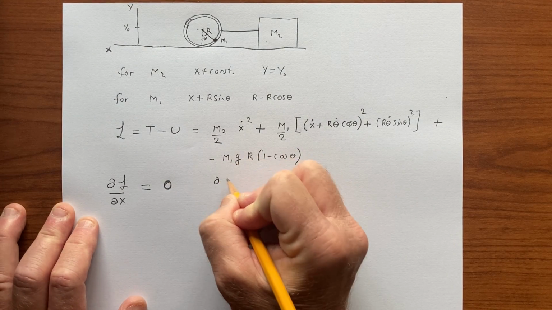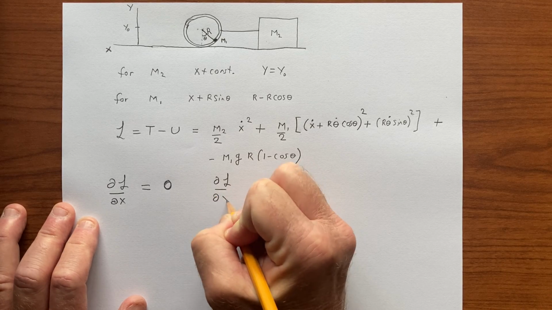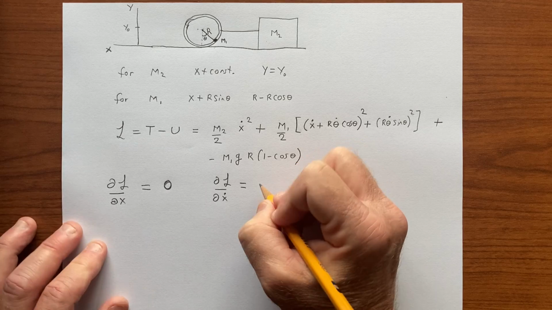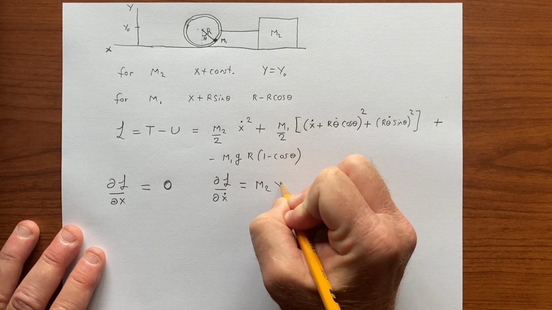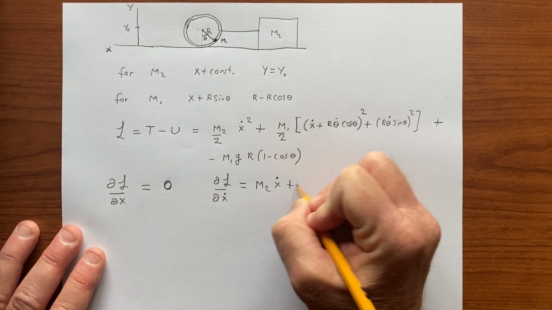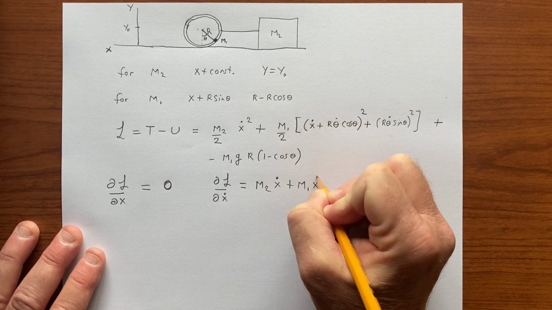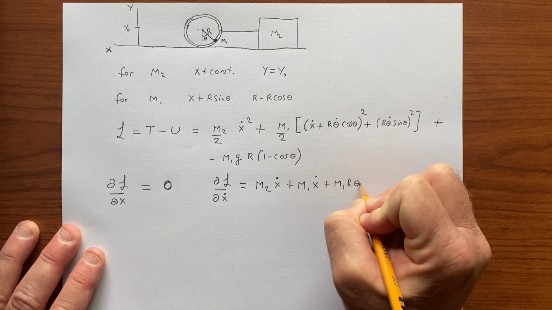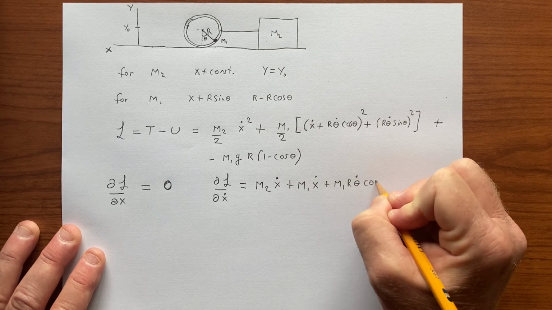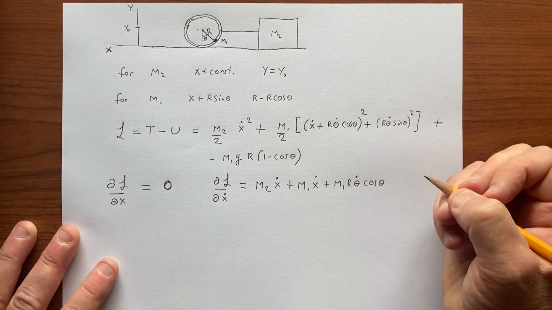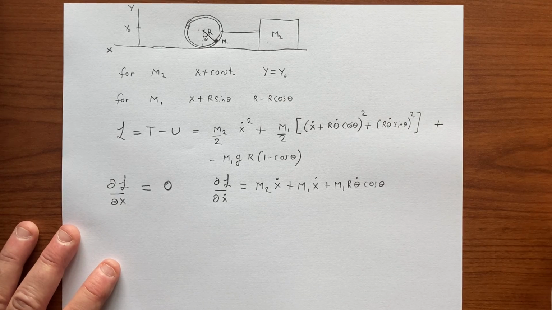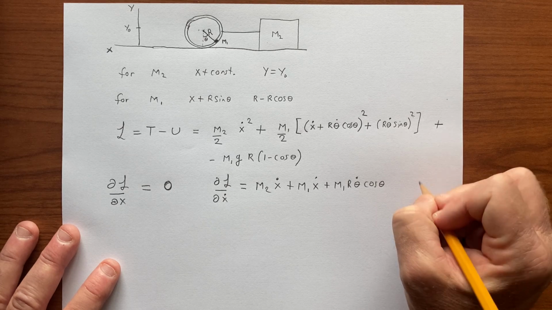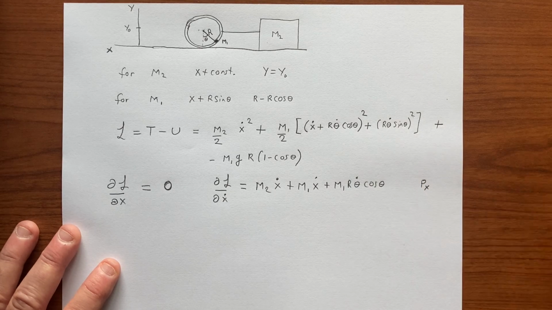And then the counterpart of that is dL by dx dot, which is m2 x dot plus m1 x dot plus m1 r theta dot cosine of theta. And this has to actually be a constant, right? This is the momentum in the x direction.